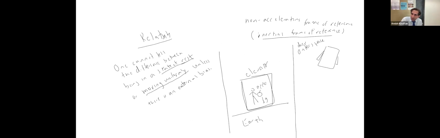The rockets expel gases, and by Newton's third law, there's a reaction, there's propulsion. Let's say the rate at which fuel is being burned to produce the gas gives an acceleration equal to g, the same number, 9.8 meters per second squared.